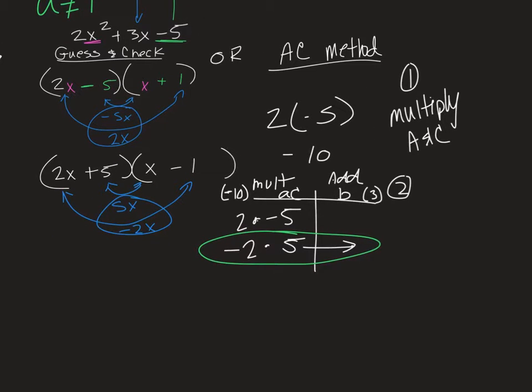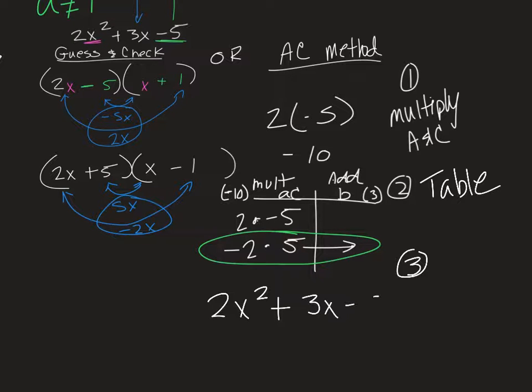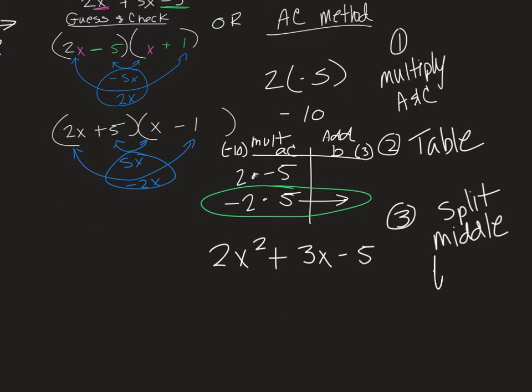So then step 2 is you do the table. Step 3, you're going to take the original polynomial, and you're going to split the middle term using step 2.